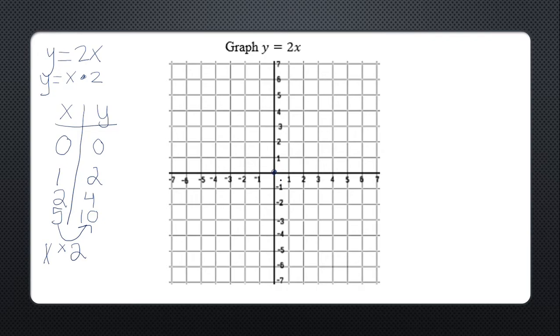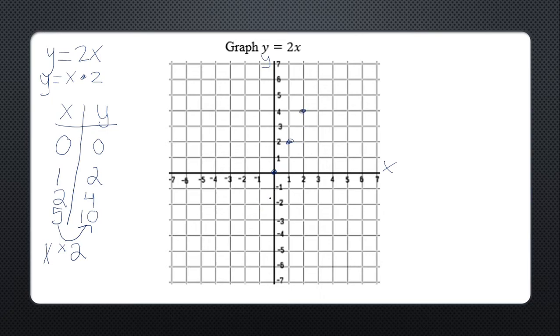If I put a point at 1, 2, that means that if this is my x-axis and this is my y-axis, I'm going to go 1 for x and up 2 for y, all right? If I'm going to do 2, 4, that means I'm going to go 2 for x and 4 for y. And 5 and 10 is not on the graph, so I'm not really going to worry about that.